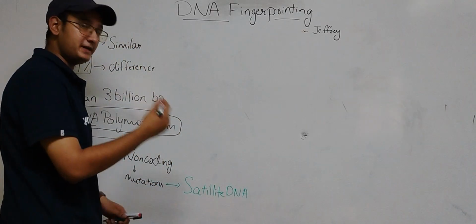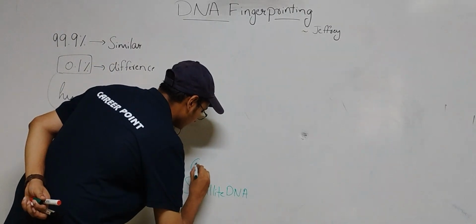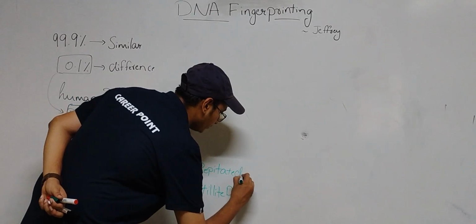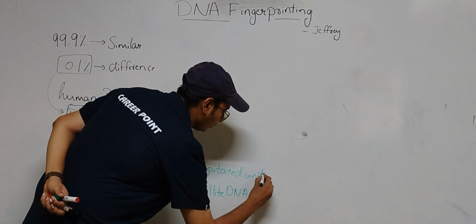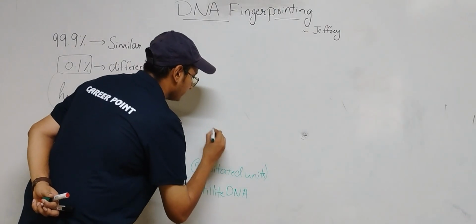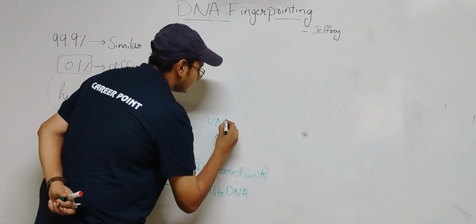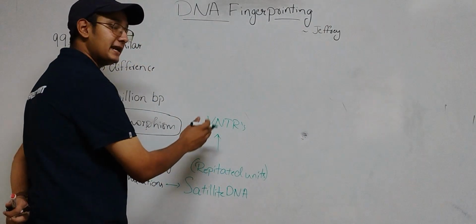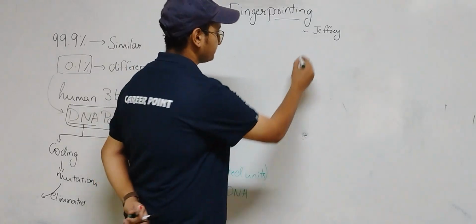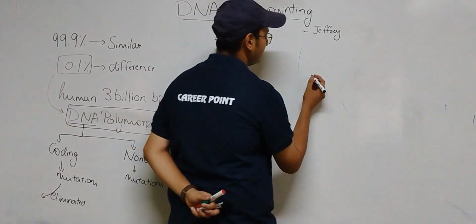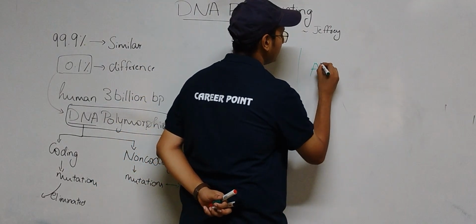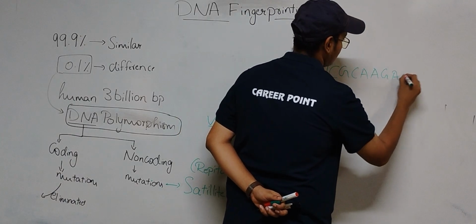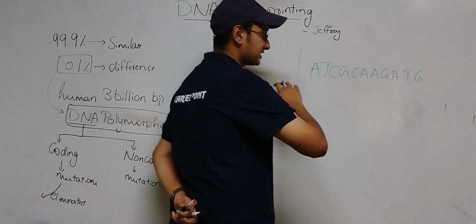Here we have repeated units called VNTRs, variable number tandem repeats. In a normal DNA, in a coding sequence, we have ATCG, CAAGAPG, something like this, which is continuous.